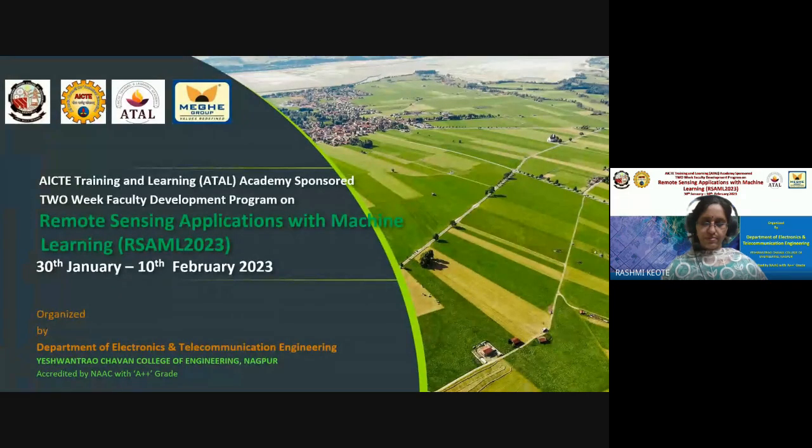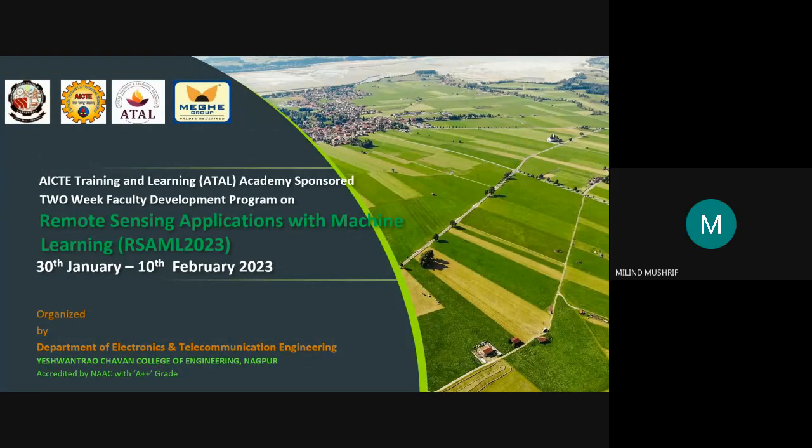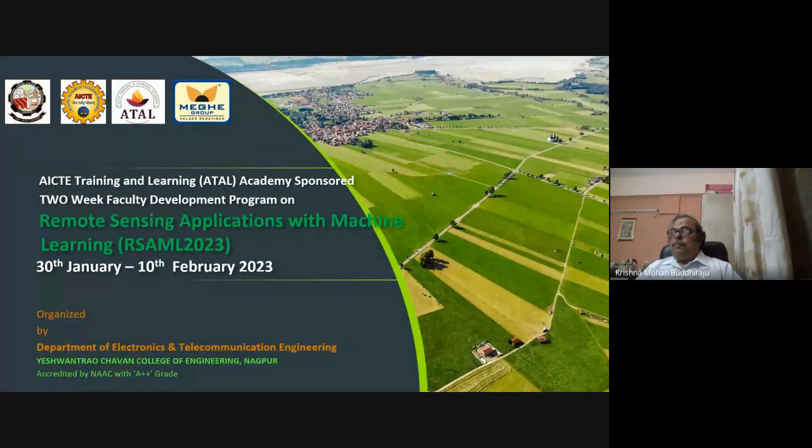So how many participants are there in the course? Hello, sir. 50 participants, 49 to be precise, and a few students are also there. Okay.